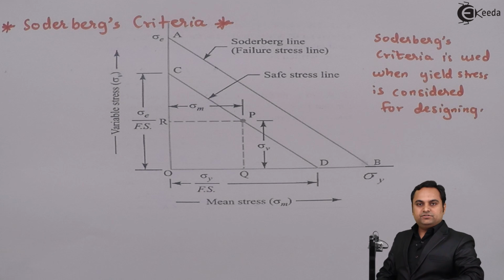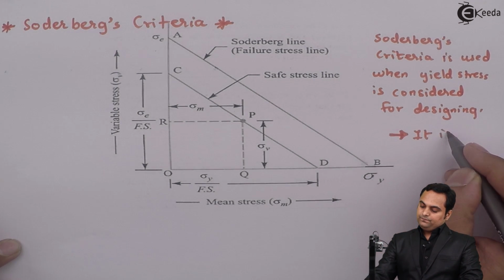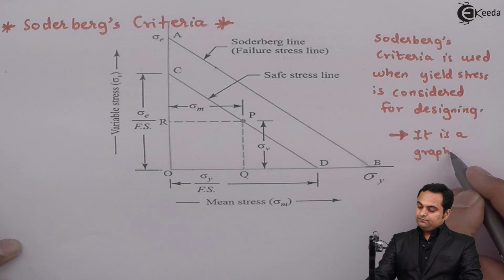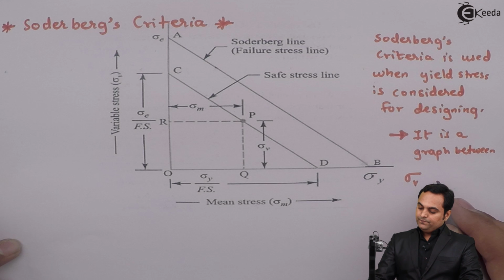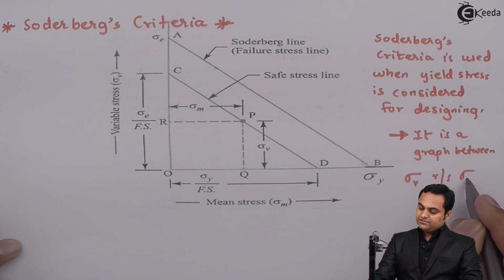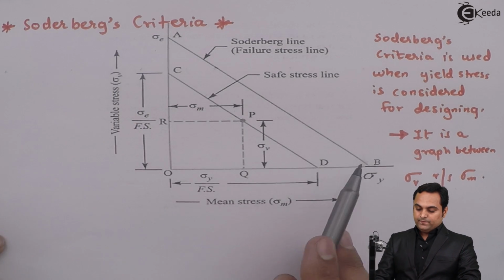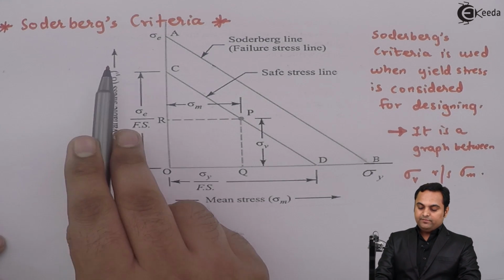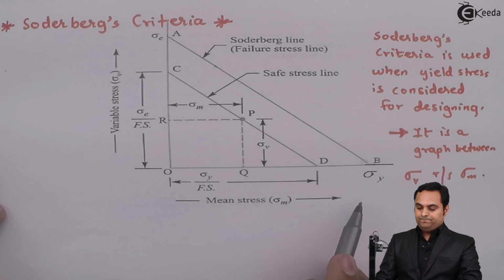It considers yield stress and it is a graph between variable stress sigma v versus the mean stress sigma m. Now if I can explain the graph, here on y-axis we have variable stress sigma v, on x-axis we have mean stress sigma m.